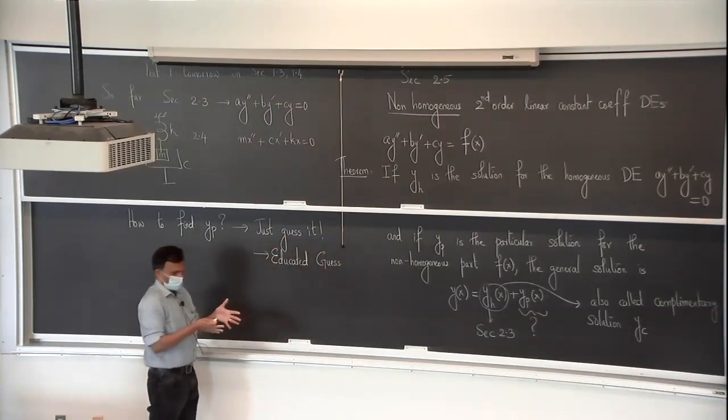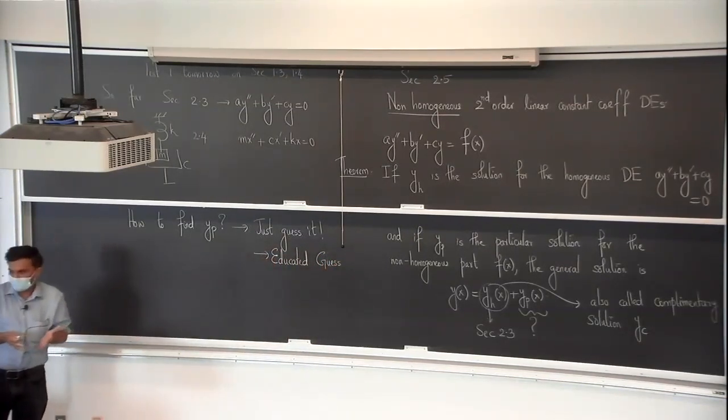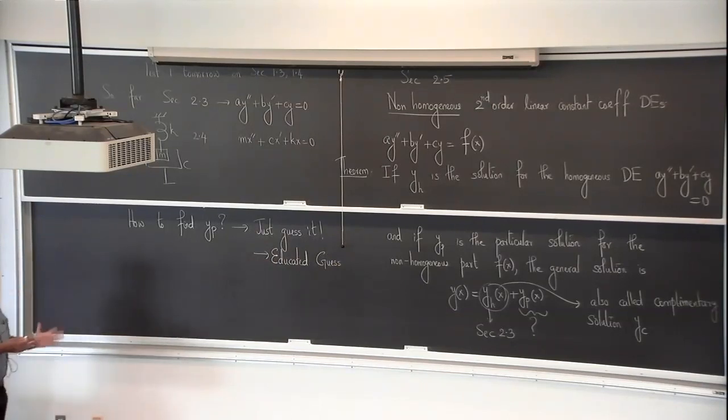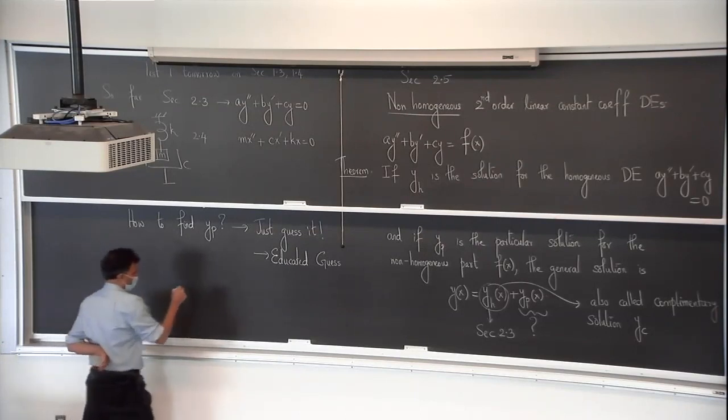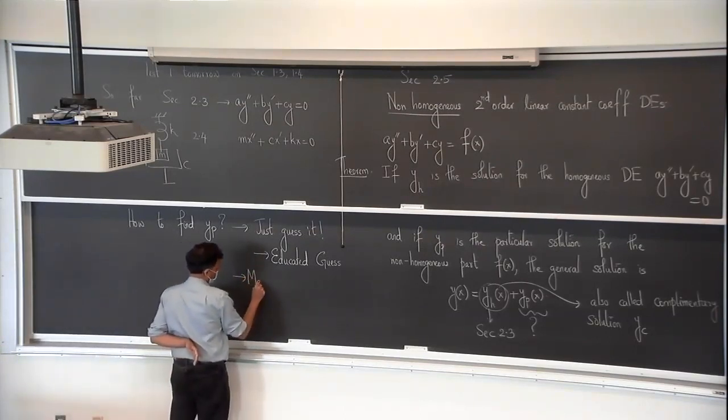There will be some guidelines about what kind of guess you're going to make, and then we will start doing some math based on that guess, and we'll arrive at the solution if you did not make any mistakes. This method is called the method of undetermined coefficients.